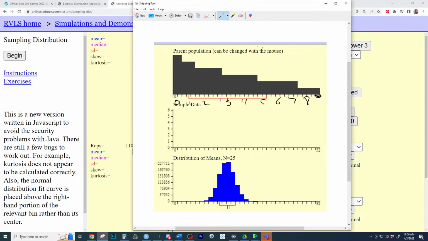But right here is about where we landed, a z-score of 5 down here, or 10. Ooh, so we're even further over. A z-score of 10 is all the way over here-ish. So a z-score of 10 on the lower distribution, the distribution of means of sample size 100, is going to be super odd. But up here, this is only a z-score of 1. Visually, I hope this kind of makes sense.